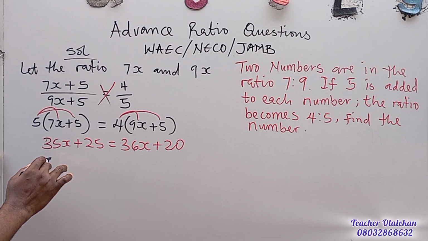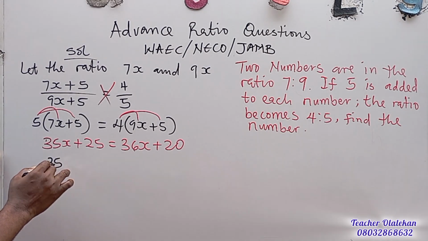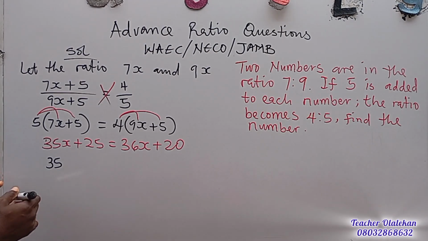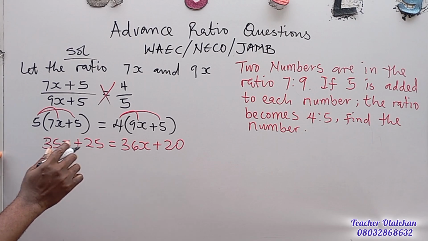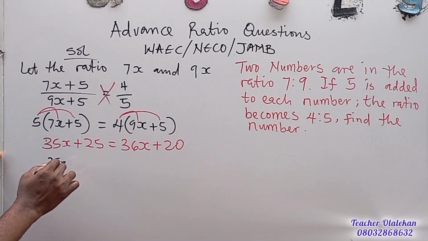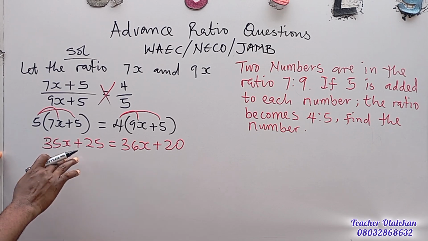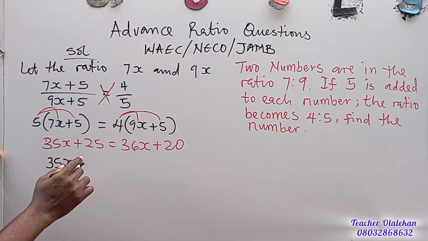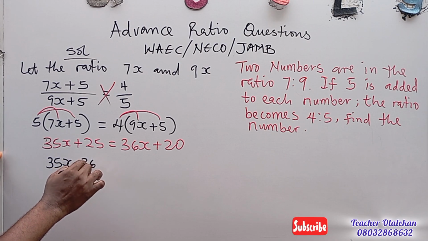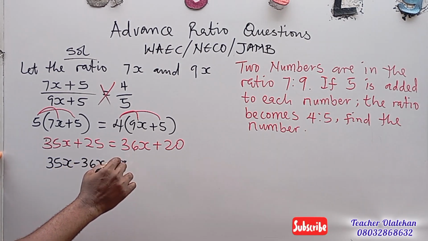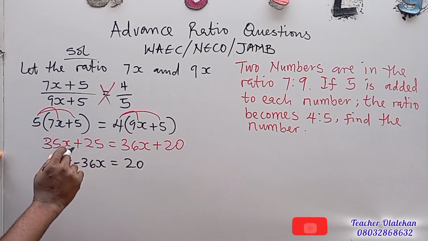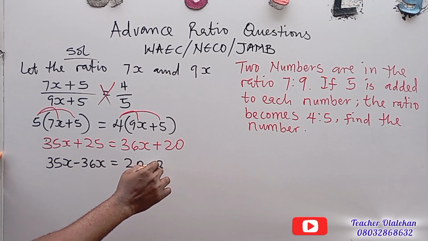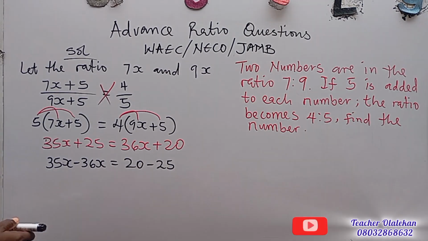So that means our 35x minus 36x will be equal to 20 minus 25.